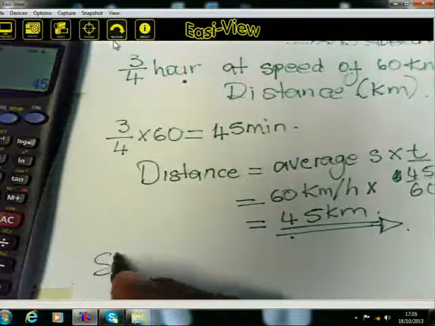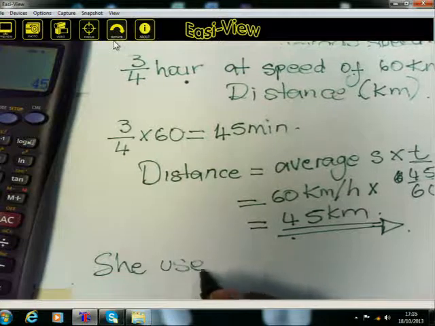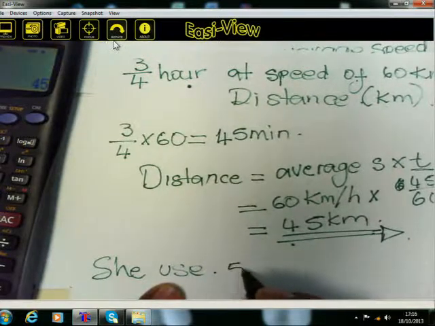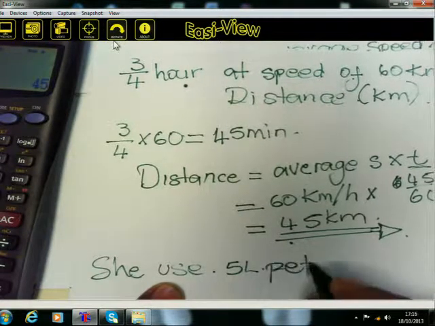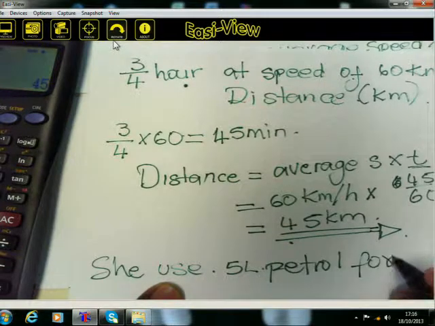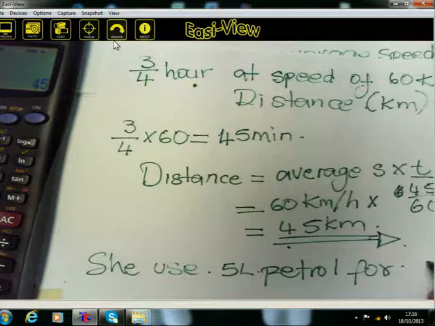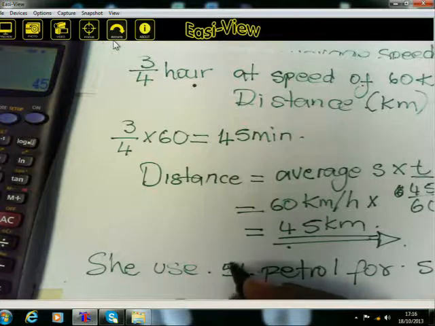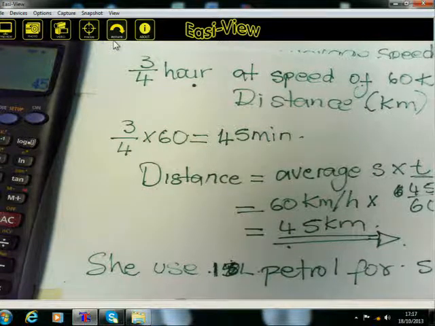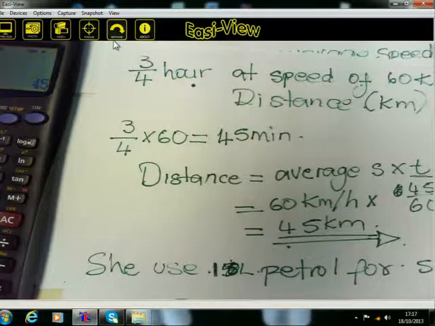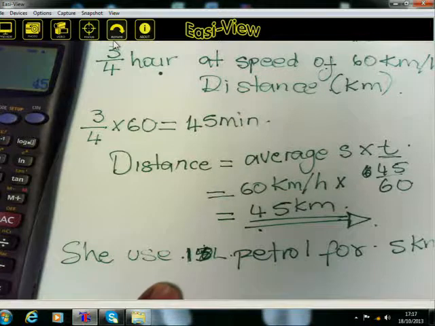Let's say she uses 1 liter of petrol for every 5 kilometers traveled.